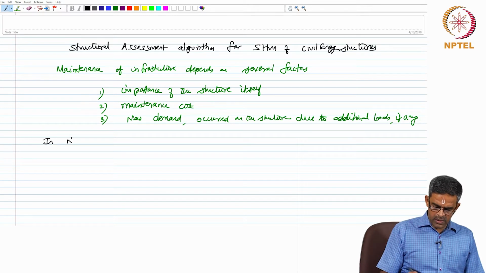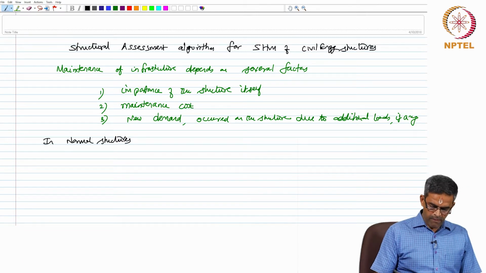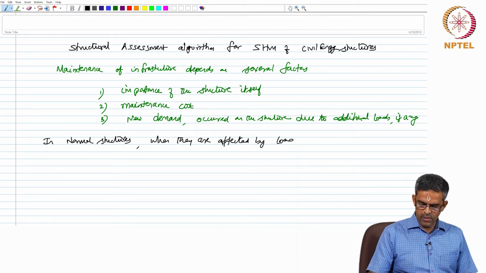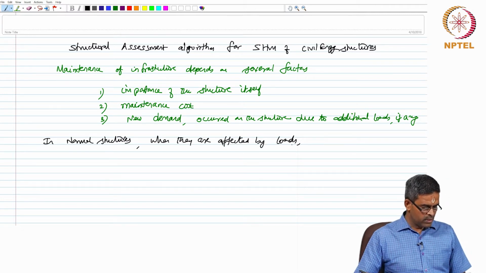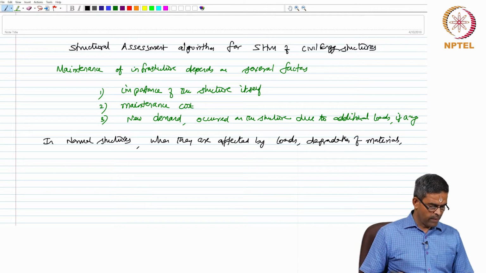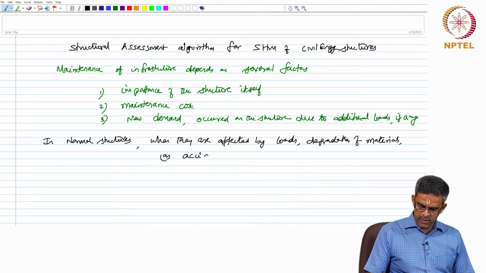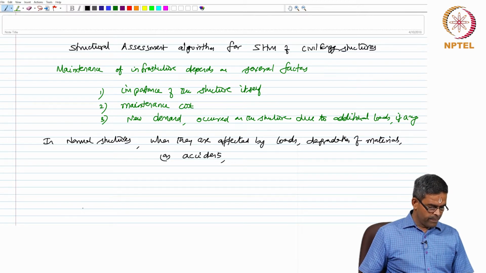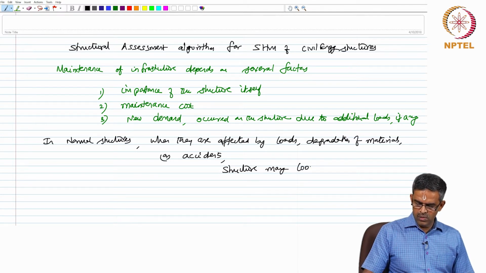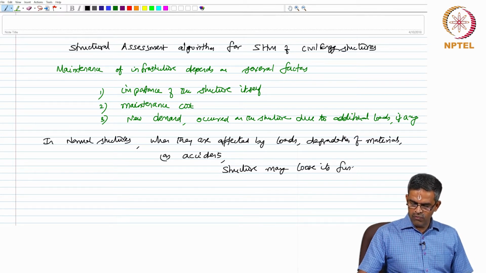In normal structures, when they are affected by loads, degradation of material, or accidents, the structure may lose its functionality.